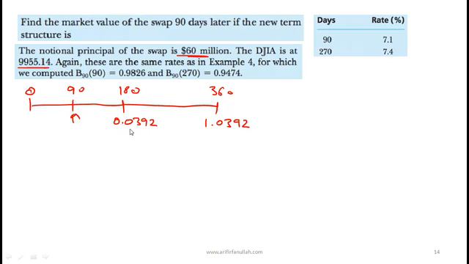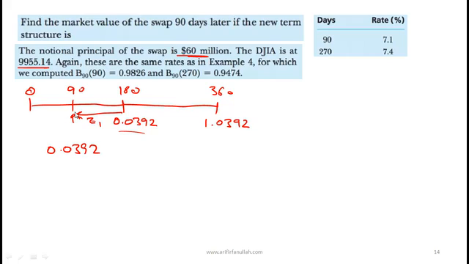If you find the present value of these two numbers, given the current interest rates, what will you have? So if you are making a fixed rate payment, then the present value of these payments is basically this discounted back over here, which is 0.0392 multiplied by a new Z1. How will you figure out this Z1 to discount this back?